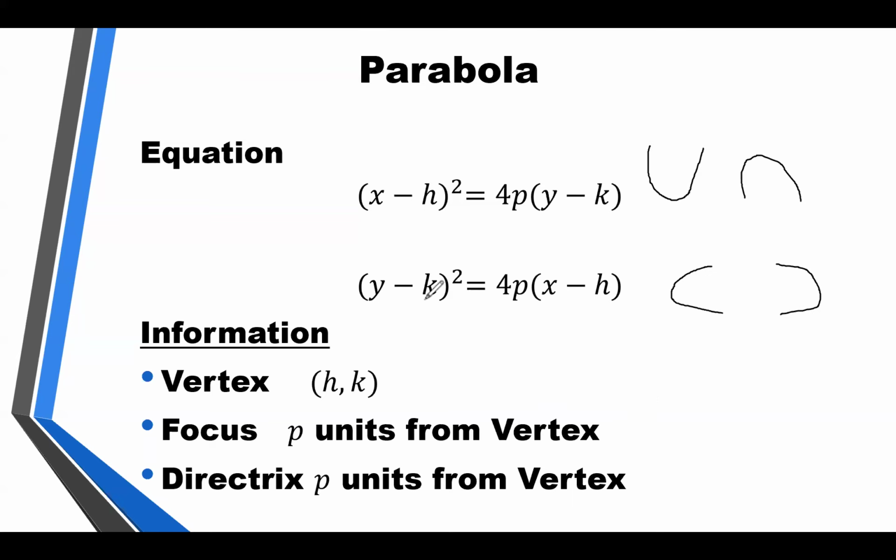The one where we square the y versus the one where we square the x. When you square the x, we're pointed up or down. When you square the y, we're pointed right or left. Okay, and by the way, whether it's up or down depends on whether p is positive or negative. Whether it's right or left depends on whether p is positive or negative.